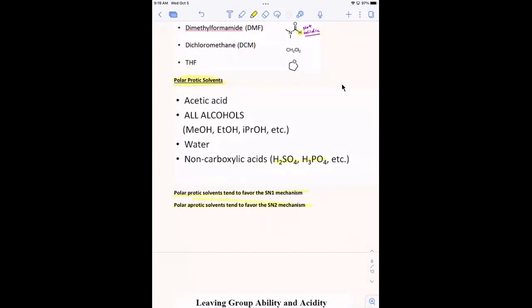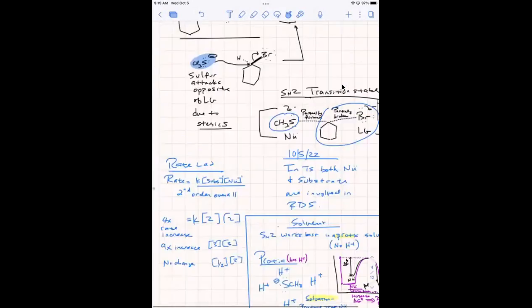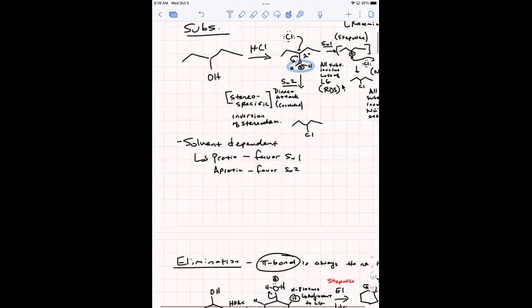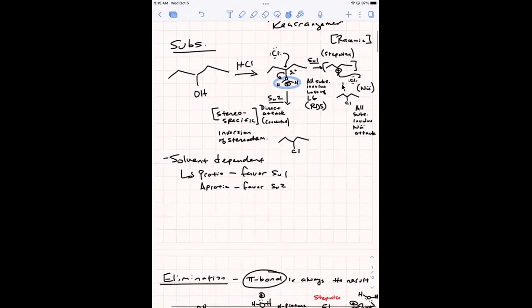If you go back to the example we did to start here, we had a secondary alcohol, and a secondary substrate can go SN2 or SN1.